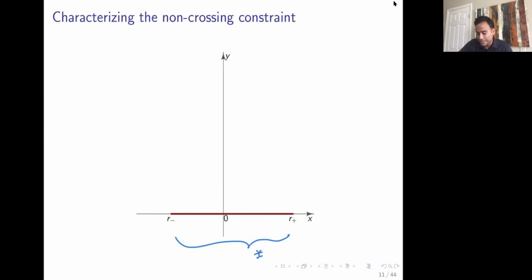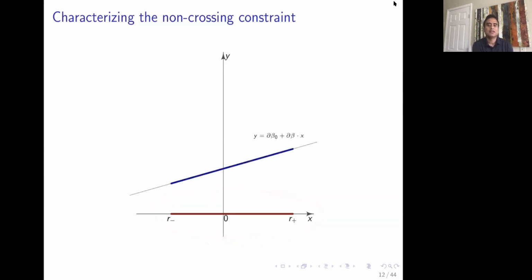Just two lines right now. I'll take the first line to have slope 0 and intercept 0. So it's right on this red line here that is just on the x-axis. I'm going to bring in another line, this blue line, that is variable.